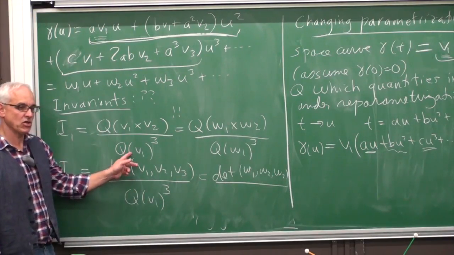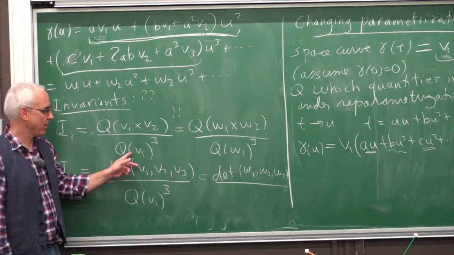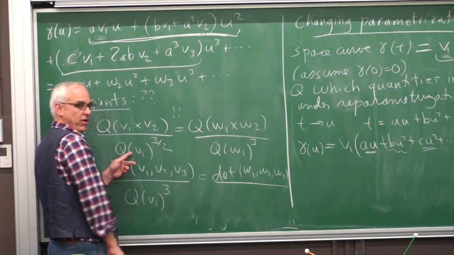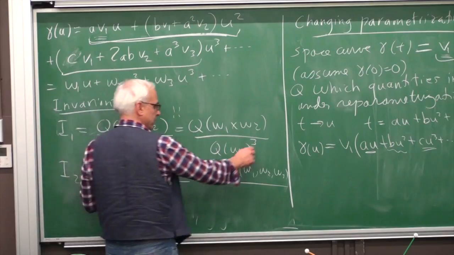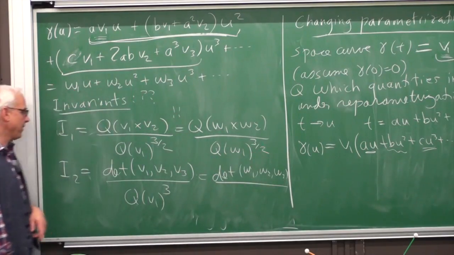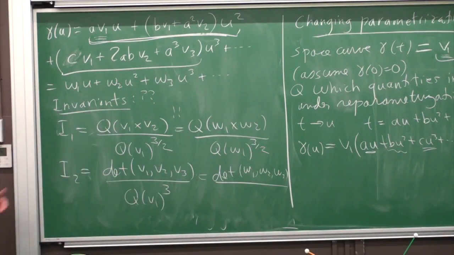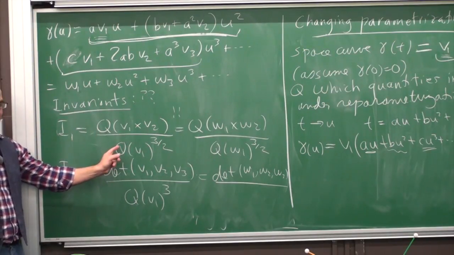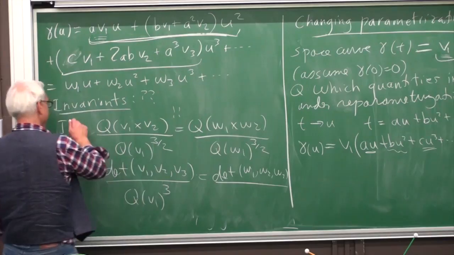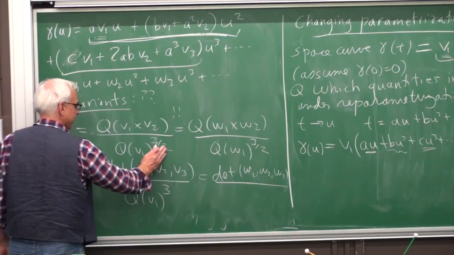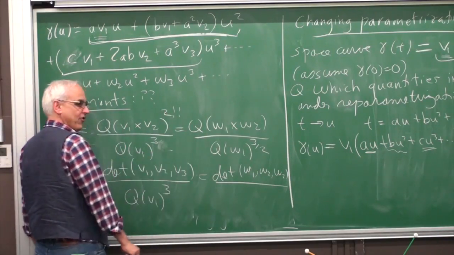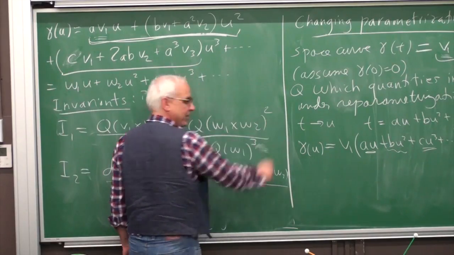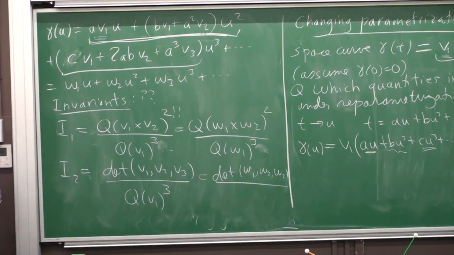So up here, what I should have done is put a square root here. Which is telling me that's not really the algebraic thing. The algebraic thing is the square of that. So if you allow me to change, it's really this which is the algebraic invariant.